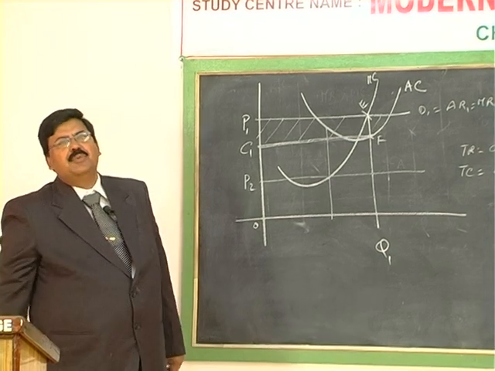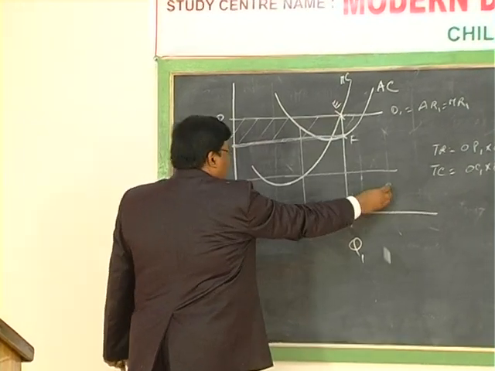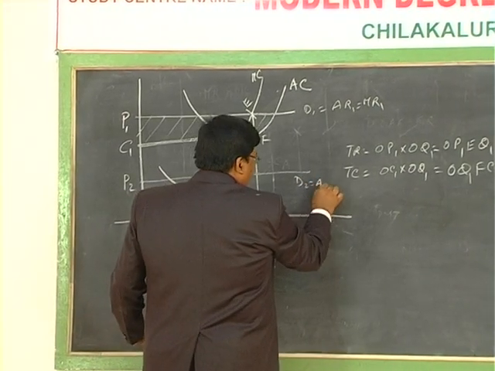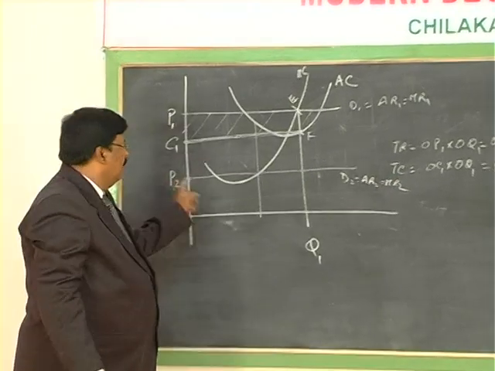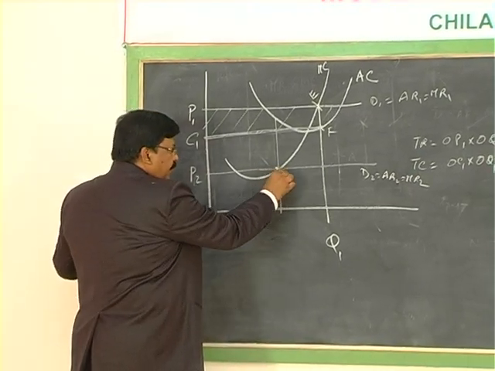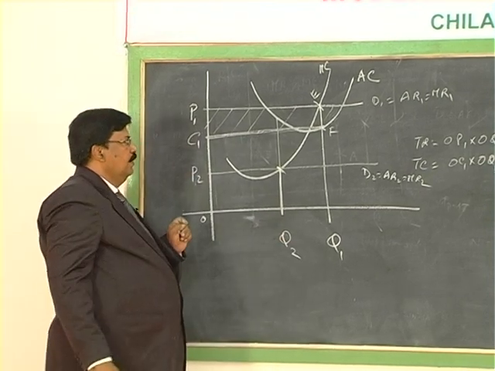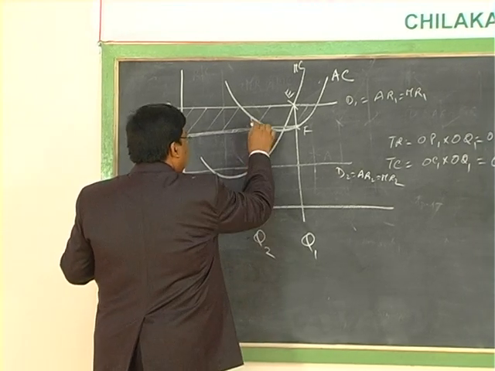First, find out the equilibrium quantity. Equilibrium requires that MC is equal to MR. So OP2, this is D2 is equal to AR2 is equal to MR2. So MR, MC equal here, and equilibrium quantity is OQ2 and GH.